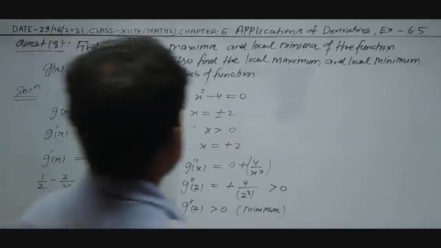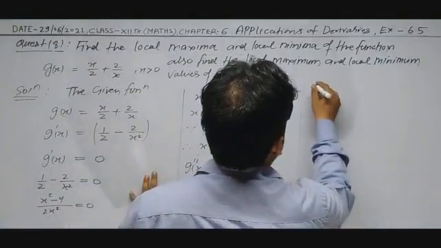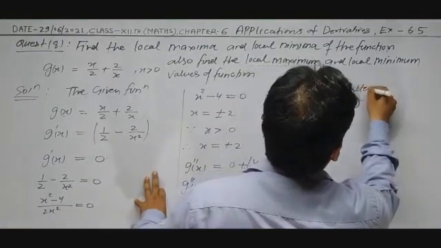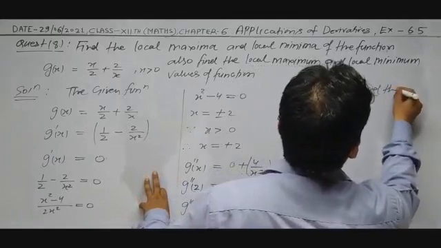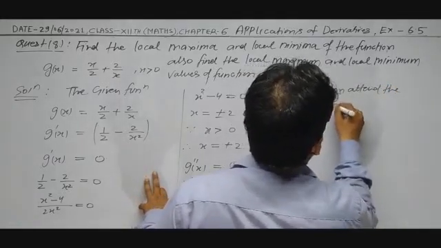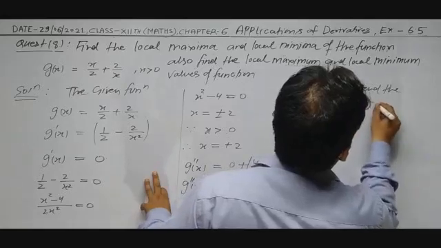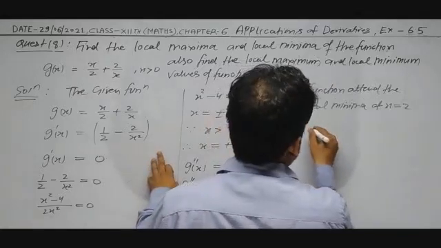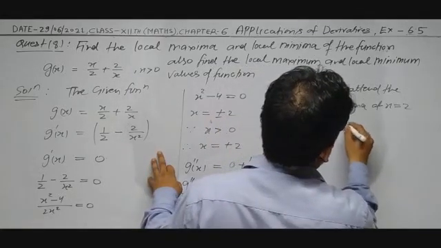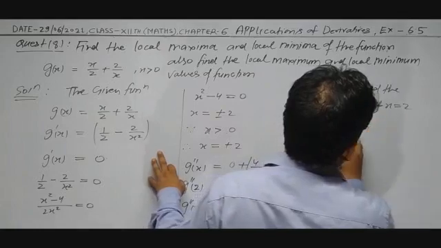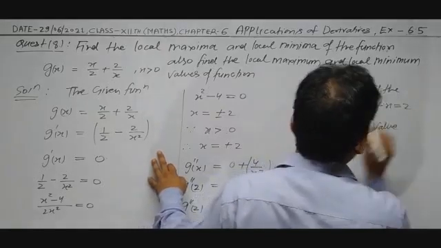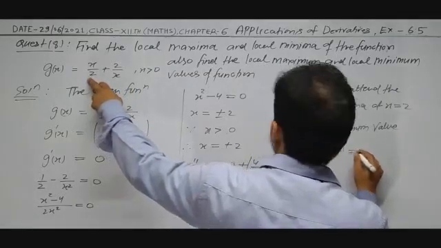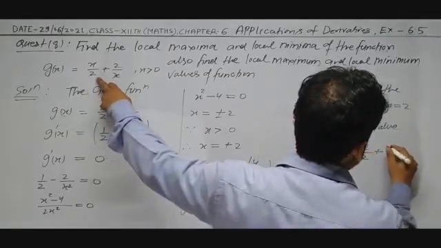So now see, the function attained the local minima at x is equal to 2, and the local minimum value, that is g of 2, means 2 by 2 plus 2 by 2.